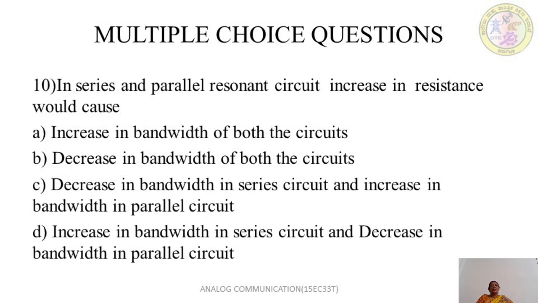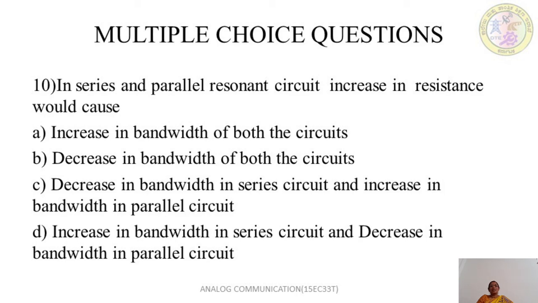In series and parallel resonant circuit, increase in resistance would cause: option A, increase in bandwidth of both the circuits; B, decrease in bandwidth of both the circuits; C, decrease in bandwidth in series circuit and increase in bandwidth in parallel circuit; D, increase in bandwidth in series circuit and decrease in bandwidth in parallel circuit.